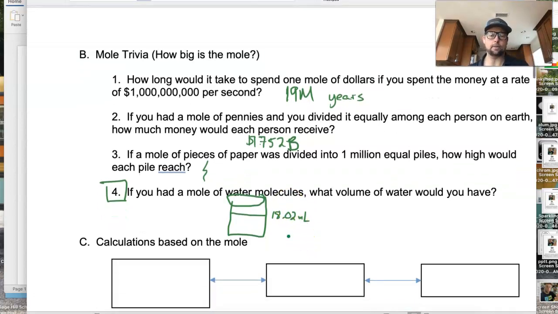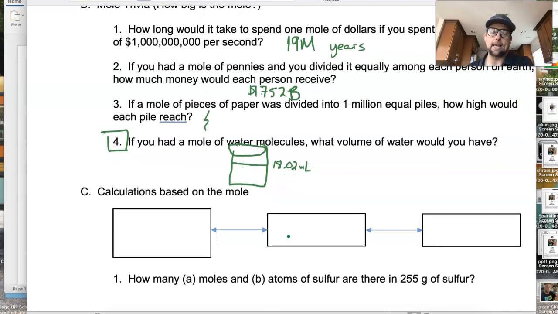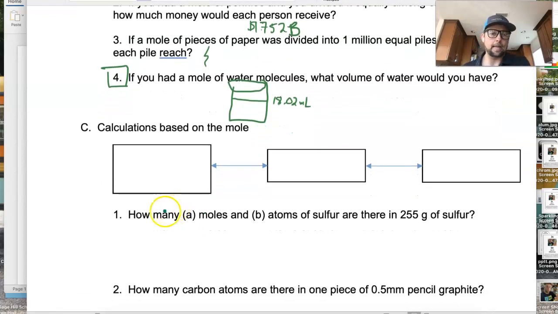That means that each water molecule is incredibly small, and they are all squeezed into that little sample of water, and that same large number of pennies or dollars or sheets of paper or donuts or jelly beans that is like the size of the earth or crazy large numbers is that huge number into that very small amount of space, which is telling us, wow, water molecules are really small. All right, let's get down to the meat of this, which is how to convert between grams and moles and molecules.